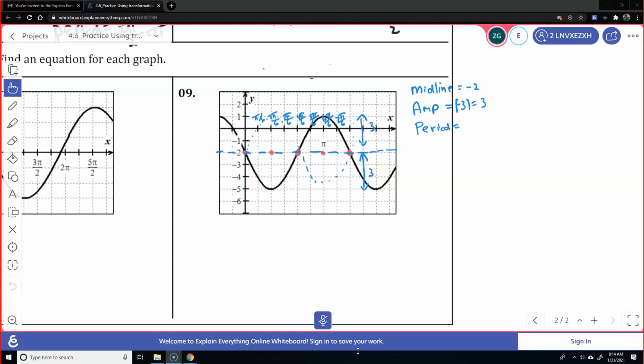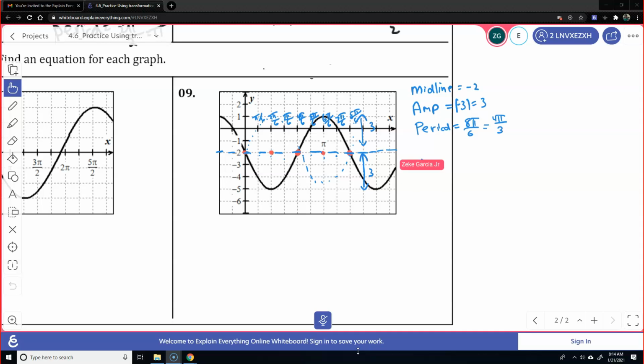So the period is going to end at 8 pi over 6. And I have to make sure that it's right. So it's 1 pi over 6, 2 pi over 6, 3 pi over 6, 4 pi over 6, 5 pi over 6, 6 pi over 6, 7 pi over 6, and then we have 8 pi over 6. So the period is 8 pi over 6, which simplifies to 4 pi over 3.